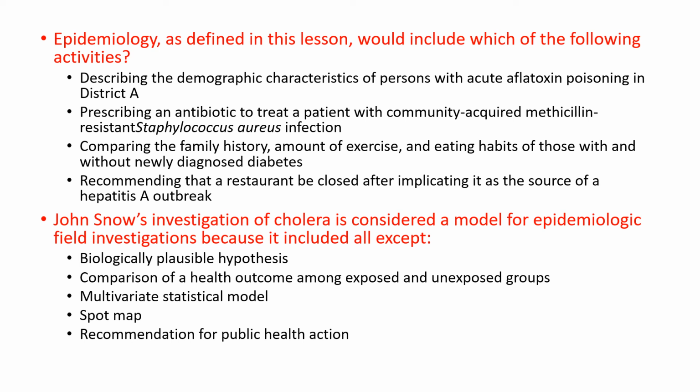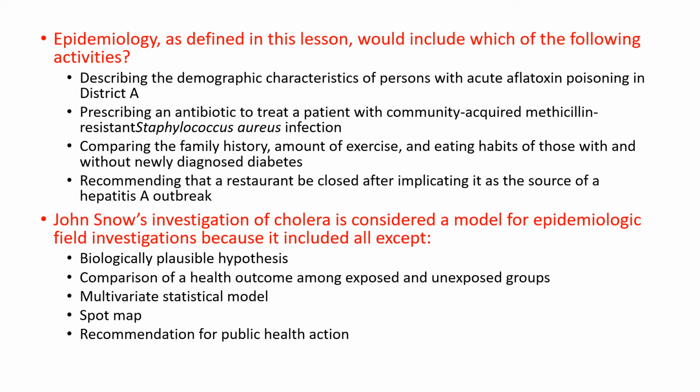Find it out. John Snow's investigation of cholera is described as a model for epidemiologic field investigation because it included all except biologically plausible hypothesis, comparison of a health outcome among the exposed and unexposed groups, multivariate statistical model, spot map, and recommendation for public health action. Why?